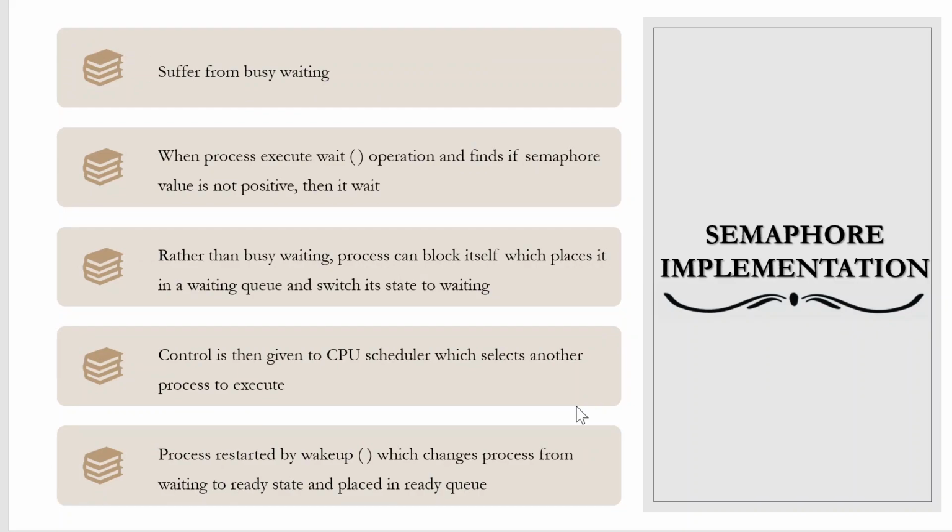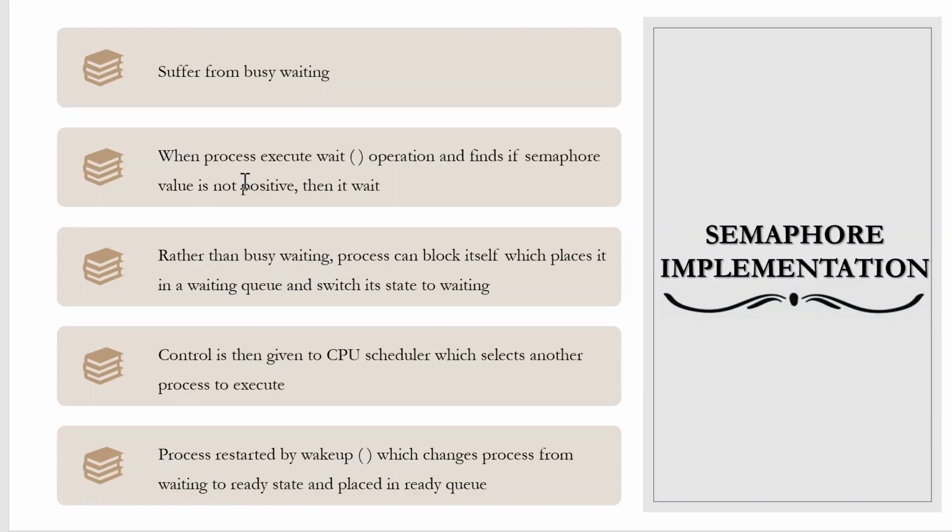Now we will move on to semaphore implementation. Recall that the implementation of mutex locks suffered from busy waiting. Here also the definitions for wait and signal semaphore operations have the same problem. To overcome the need for busy waiting, we need to modify the definition of wait and signal operations as follows.